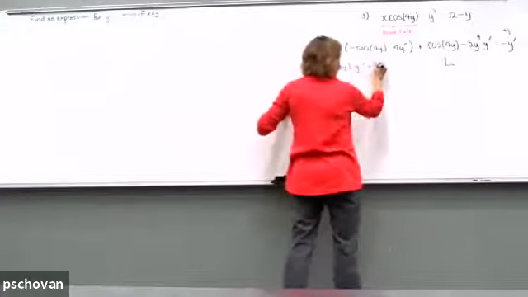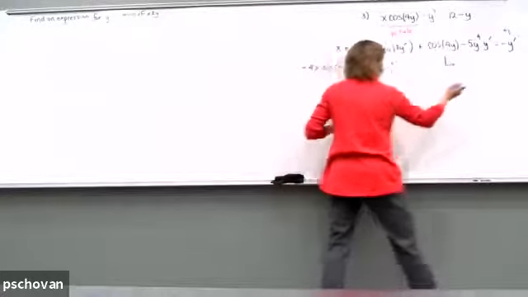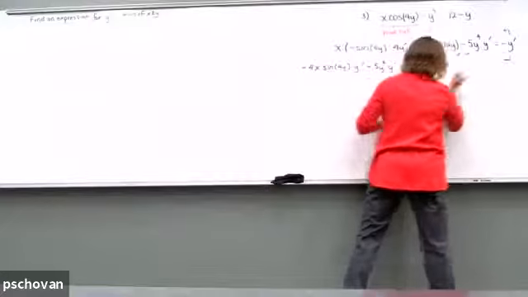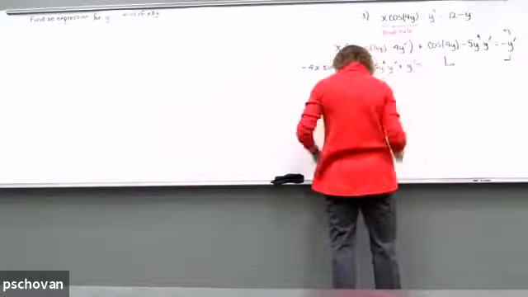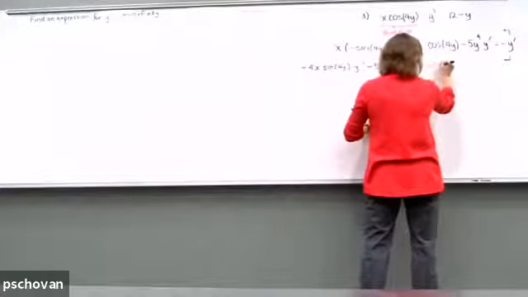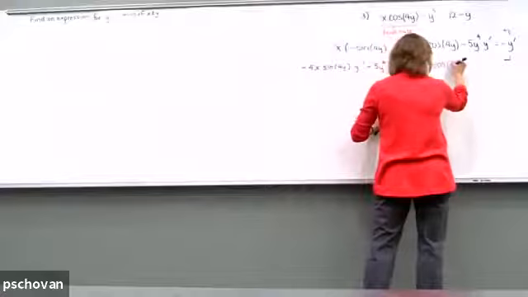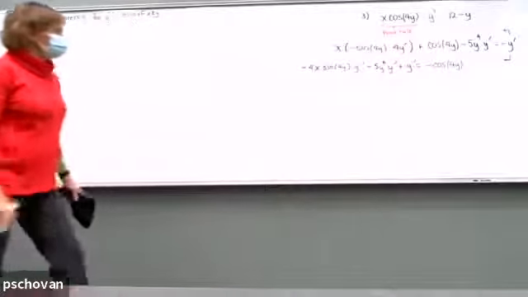Then we have minus 5y to the 4th times y prime. I'm going to move this one over here, so we're going to have a plus y prime. And then when I move that cosine over there, I get a minus cosine of 4y. You follow all that?